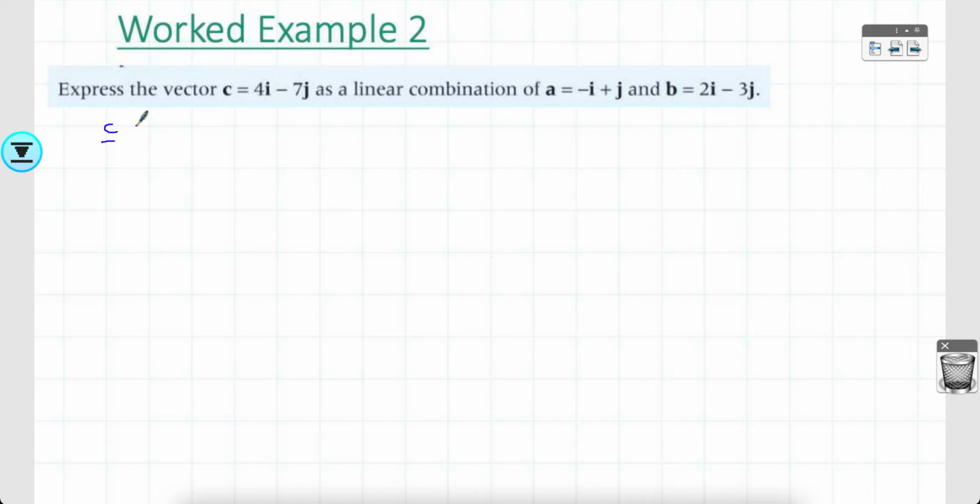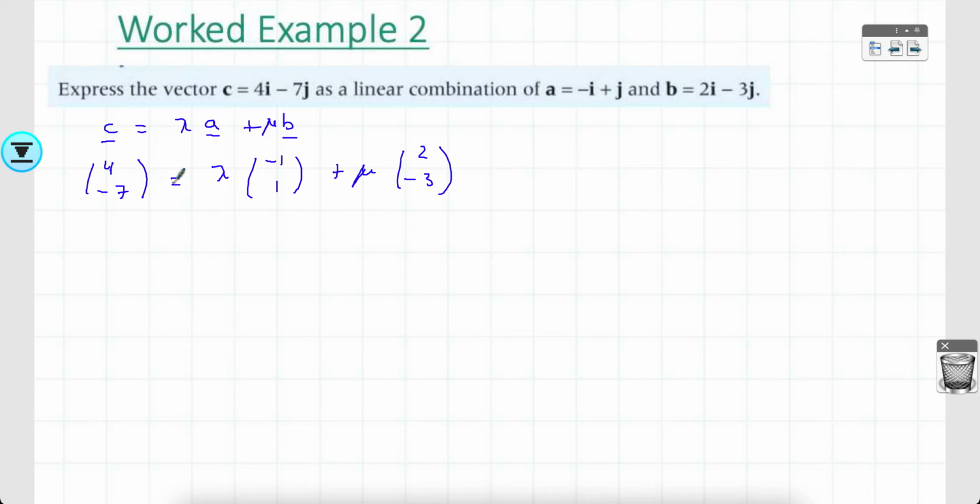I know that I want C to be equal to something with A and something with B. So let's set it up. So I have 4 and minus 7, and I want it to be equal to something with minus 1, 1, that's the A vector, and a 2, minus 3, that's the B vector.